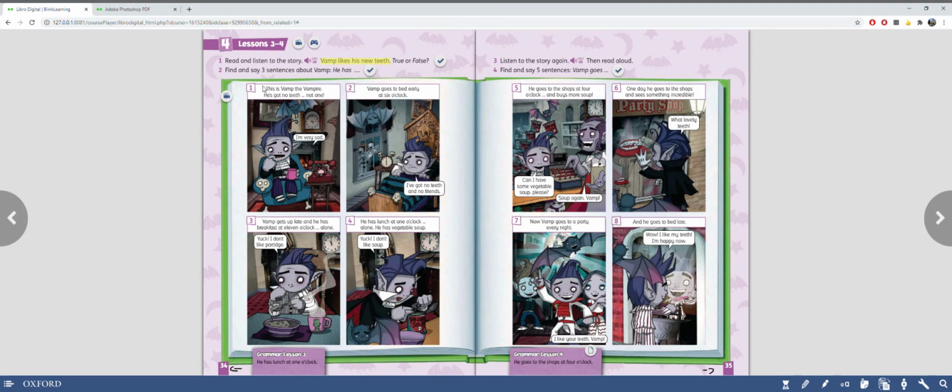Let's check. So let's read. This is Bump the Vampire. He's got no teeth, not one. I'm very sad. Bump goes to bed early at 6 o'clock. I've got no teeth, no friends. Bump gets up late and he has breakfast at 11 o'clock.